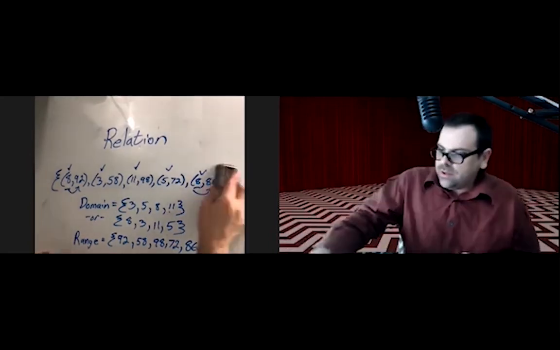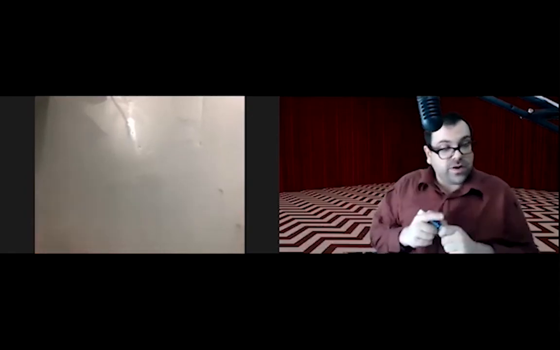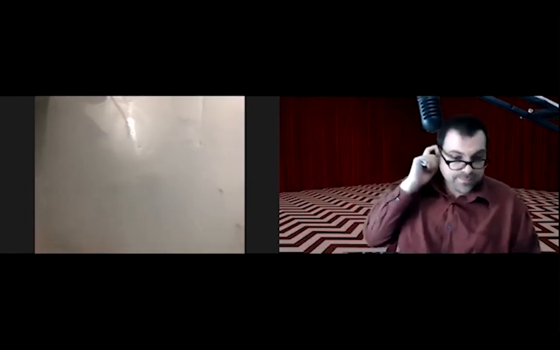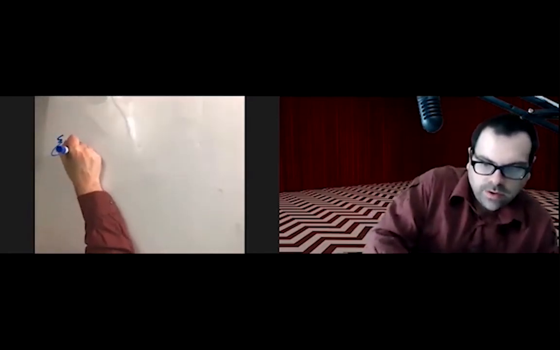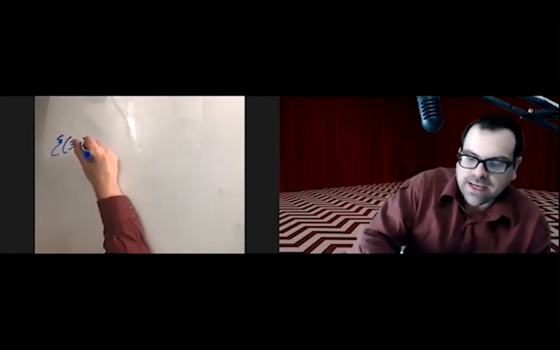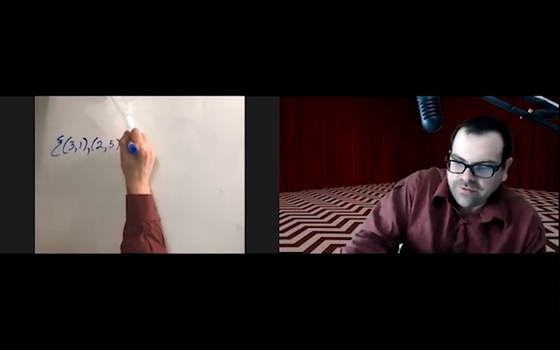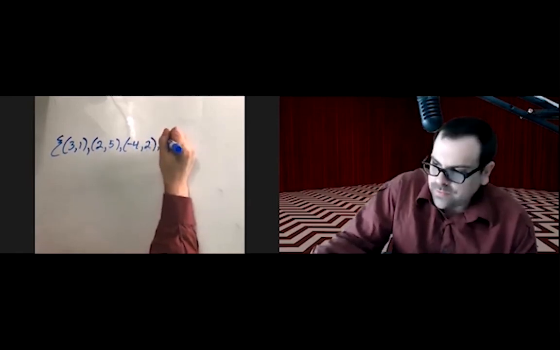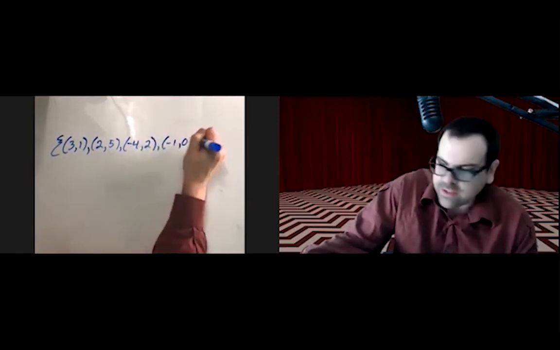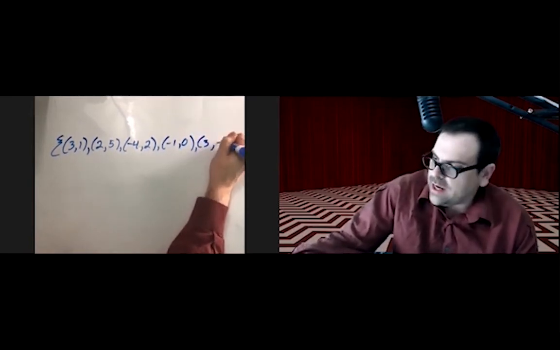So let's look at a few different relations and decide whether or not they are functions. Here we have the set containing the ordered pairs 3, 1, 2, 5, -4, 2, -1, 0, 3, -4.